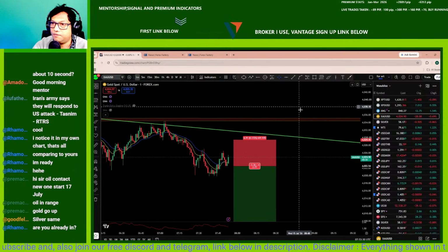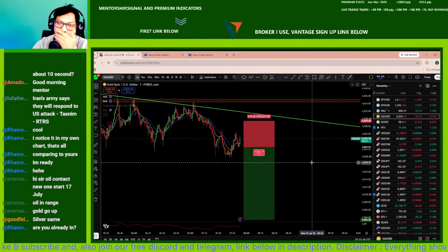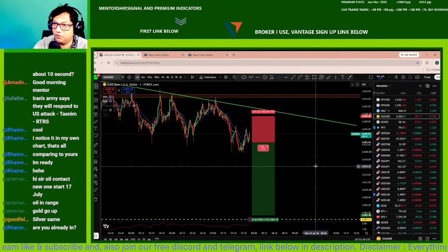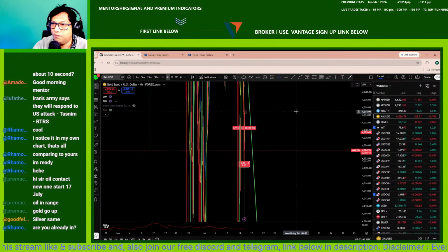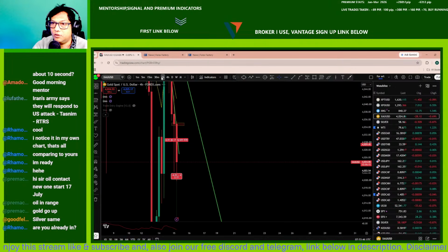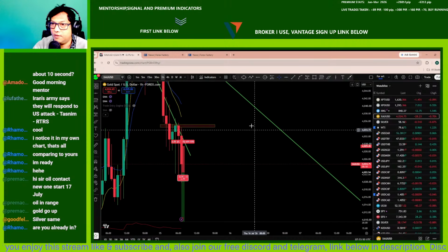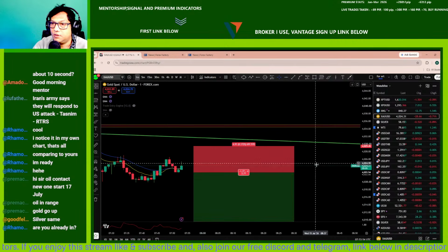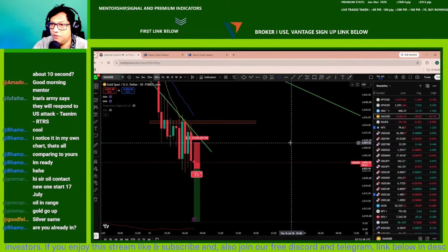If it breaks out again, because the stop loss is tight, we can re-enter. If it breaks successfully back below, we could see the market drop again down below to the support area. And if you look at that, there's a candle close coming.